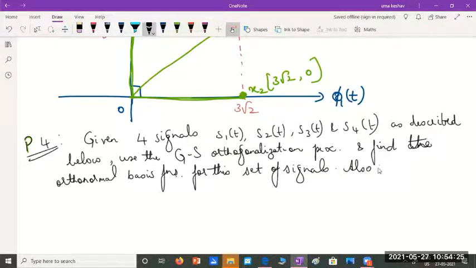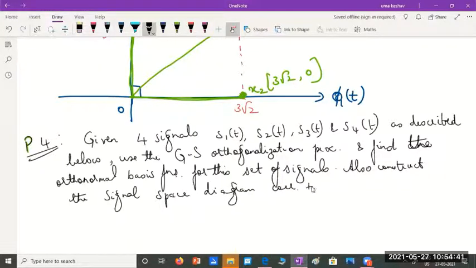Also construct the signal space diagram corresponding to this.